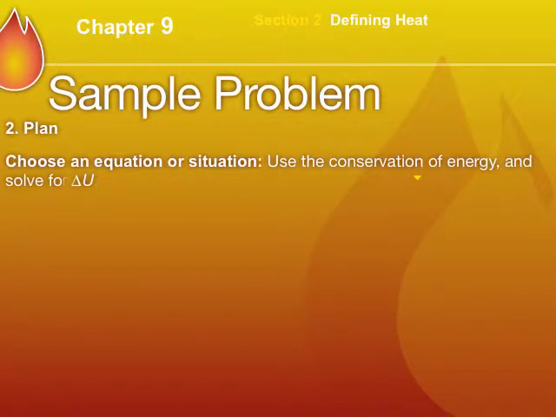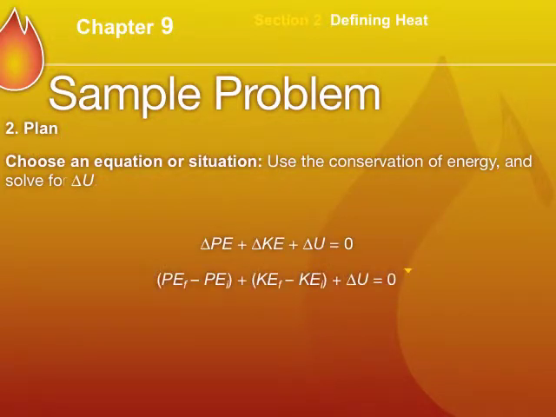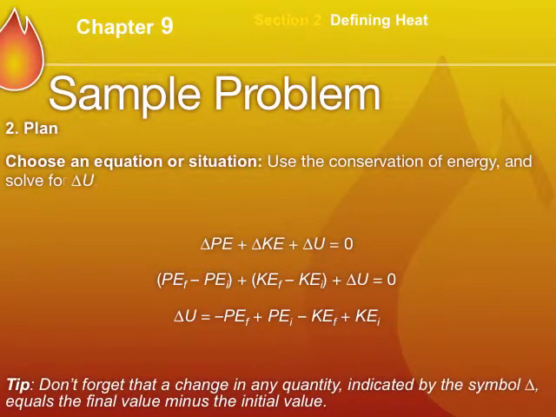Conservation of energy, we're going to solve for the internal. We use our equation. We know it's going to equal 0. We can set up KEf minus KEi, PEf minus PEi. Don't forget that a change in any quantity indicated by the symbol delta equals final value minus initial.